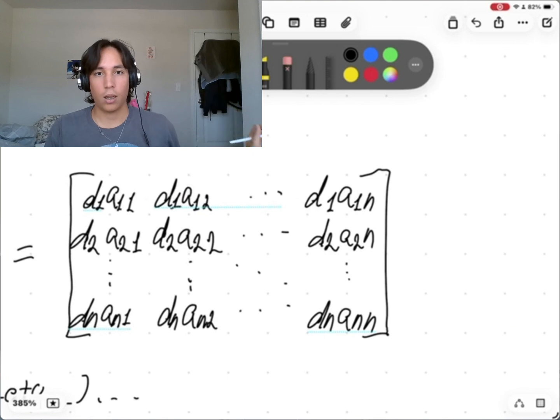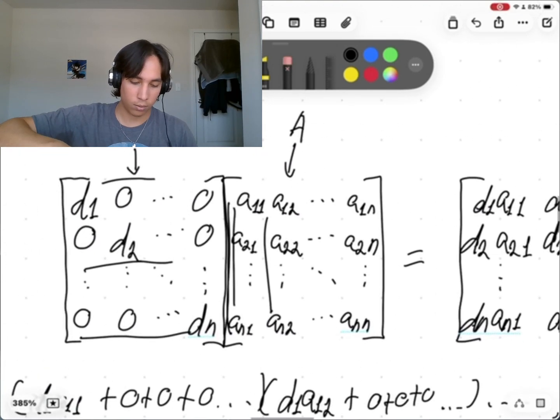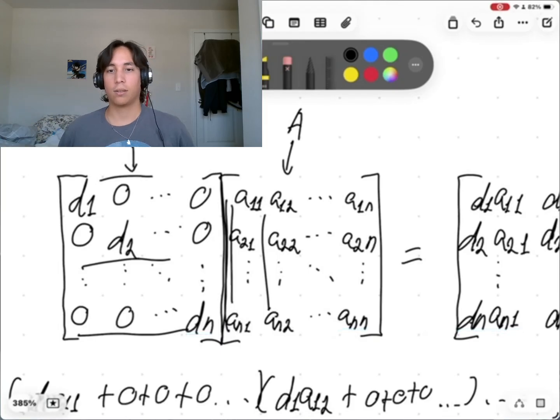That's how you multiply a matrix times a diagonal matrix.